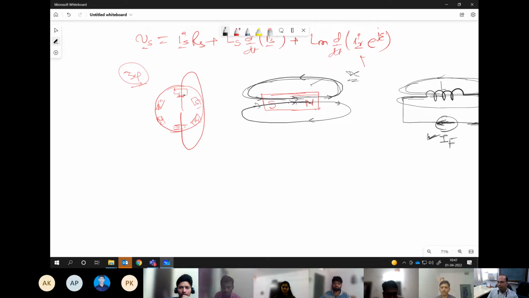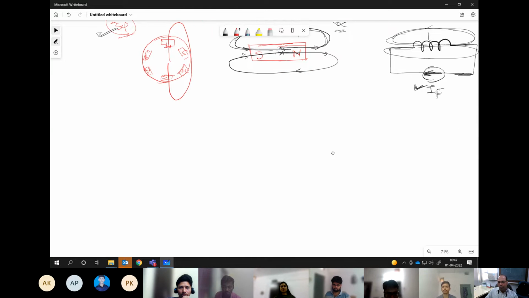We have multiple magnets, and ultimately it is forming a three-phase system for the flux also. So we should have a set of coils which are distributed, and we should have current associated with that. Let's say this is the IF current.